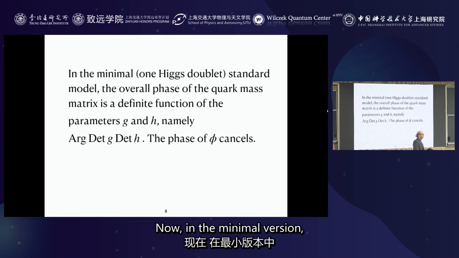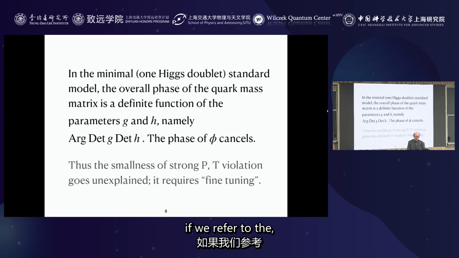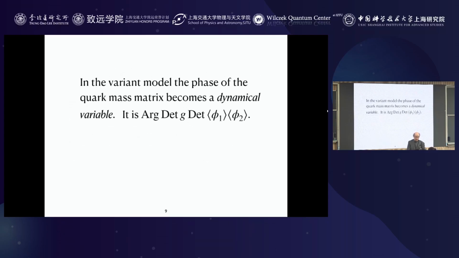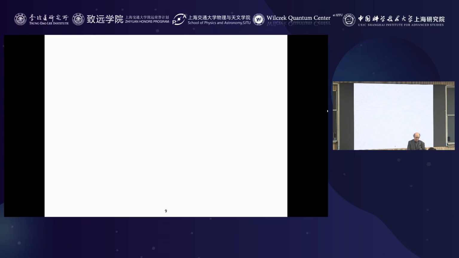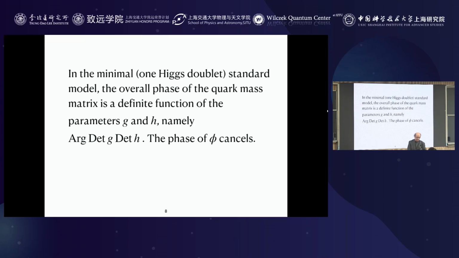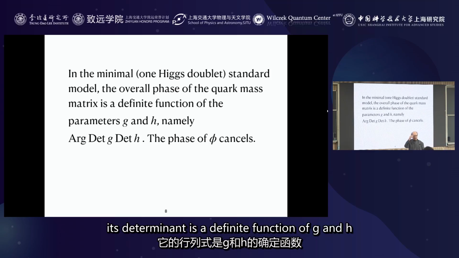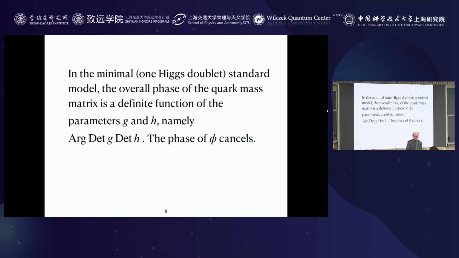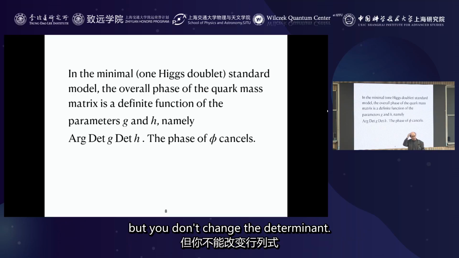Okay. Now, in the minimal version, the overall phase of the quark mass matrix, so its determinant, is a definite function of G and H. You can rearrange the fields and change their phases and so on, but you don't change the determinant.